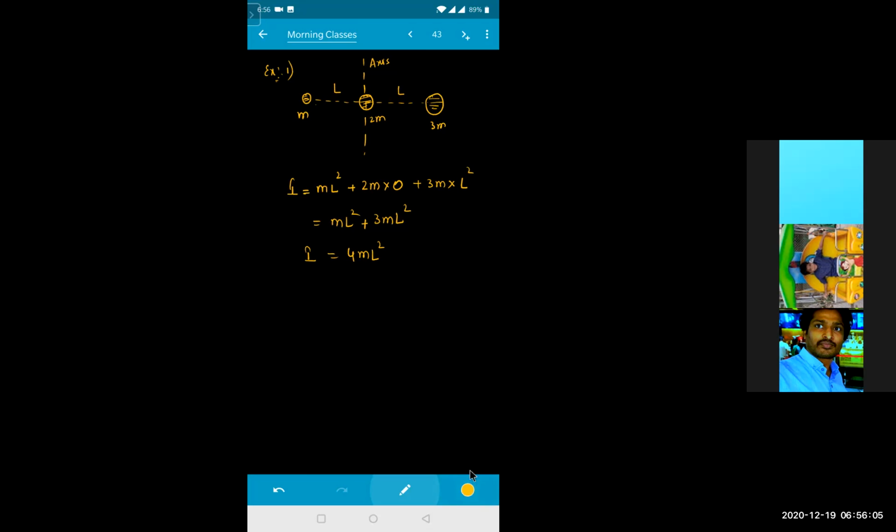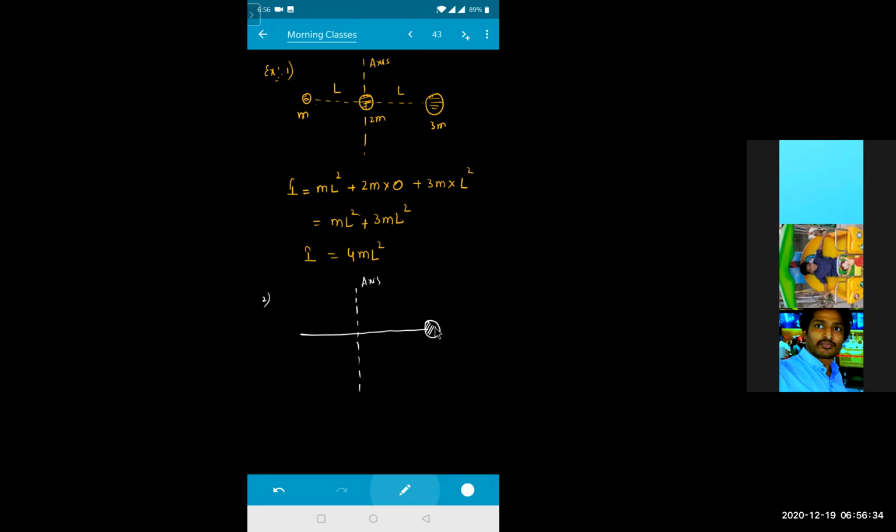Let me take you one more example. Say for example, if I'm talking about the moment of inertia of the system right now, we have two particles of masses m and 2m. This is your axis of rotation, and somewhere on this line we are keeping the particles.